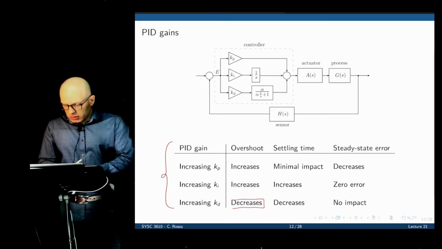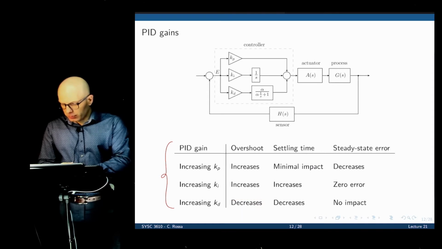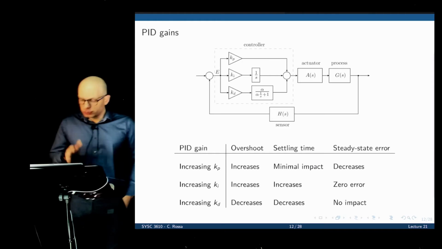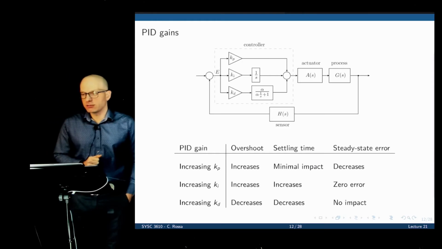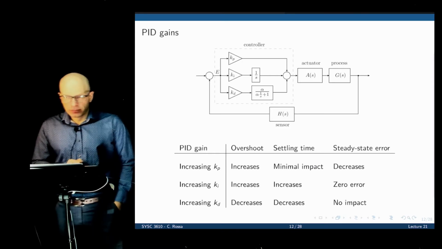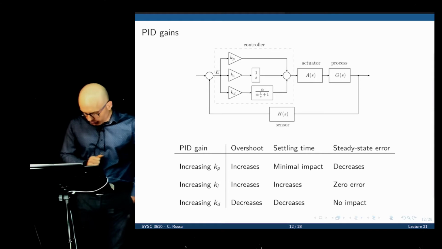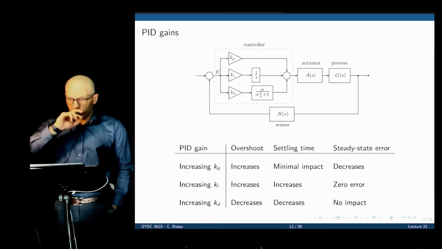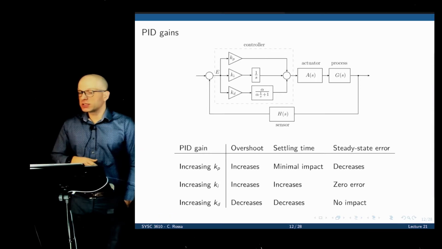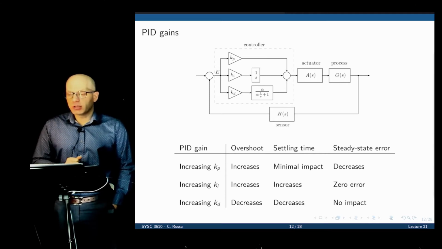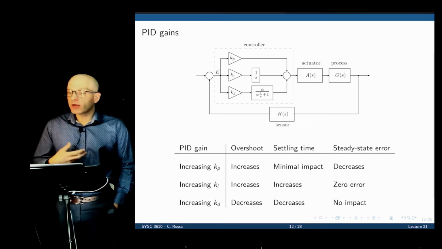Okay, so this is a good summary of all these three elements in our controller, what exactly they do, and this has very practical applications everywhere. And once you get to your 4th year project, and if you're doing any sort of control, either in biomedical systems or any other systems, you will at one point use a PID controller, and you have to tune that controller.